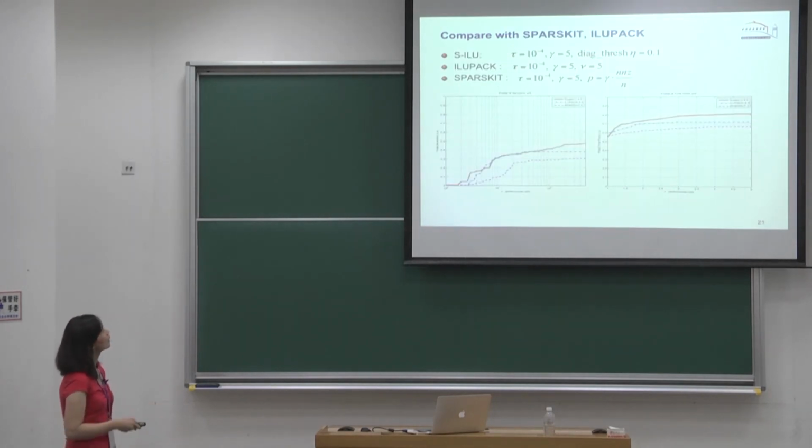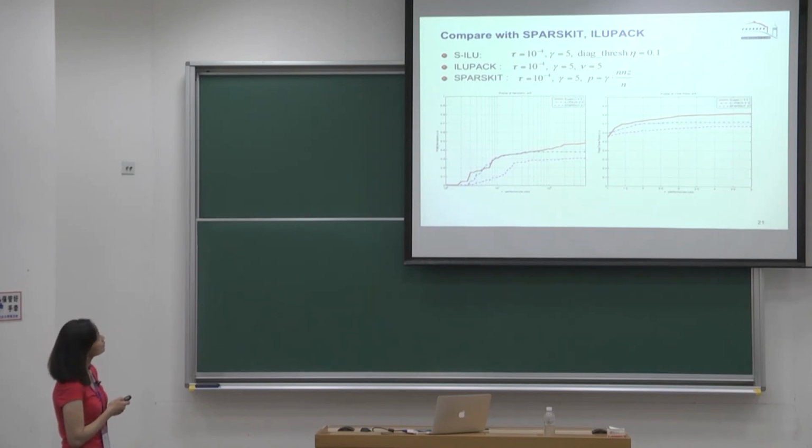So now we compare with these three available codes: our supernodal ILU, ILUPACK, and SPARSKIT. Again, we use this performance profile. Each code has a different set of parameters with different meanings, but we try to set them as close as possible, almost the same, for the comparison.